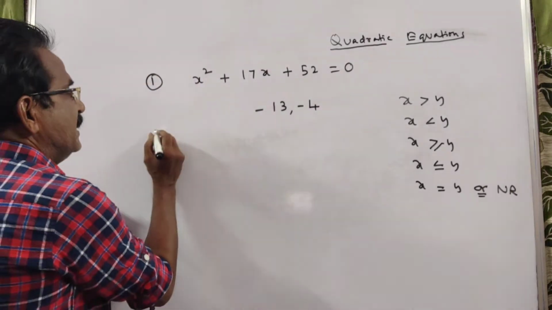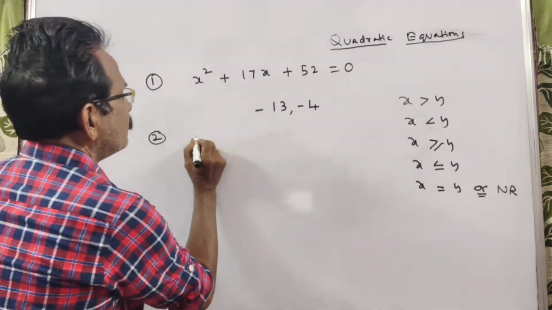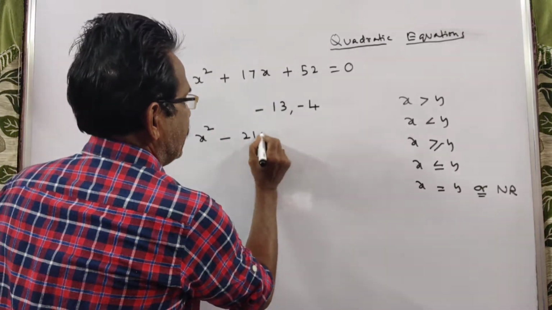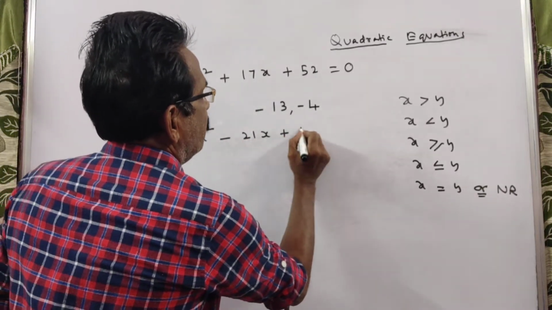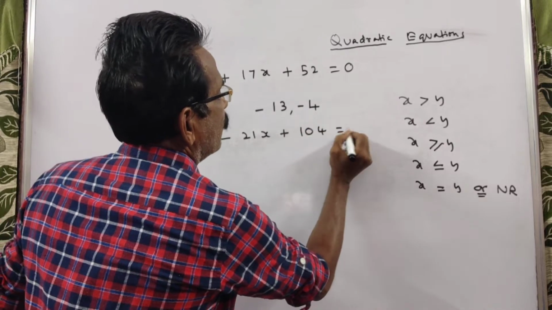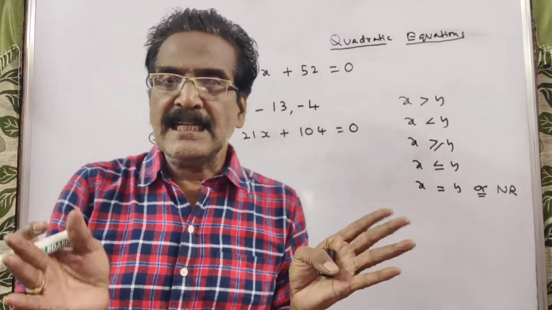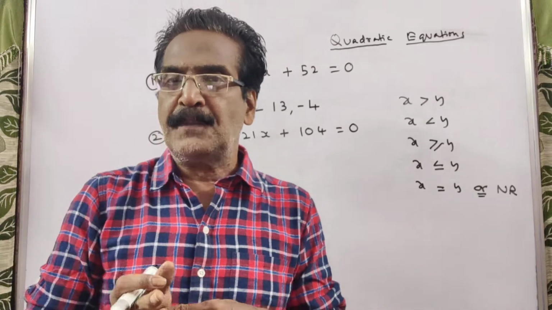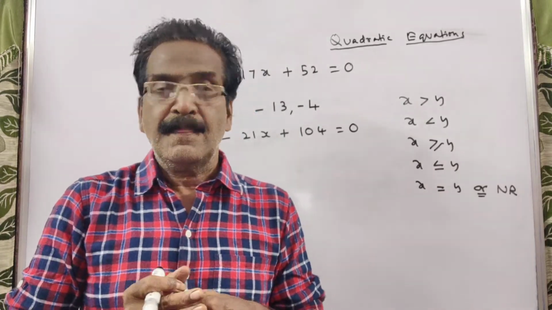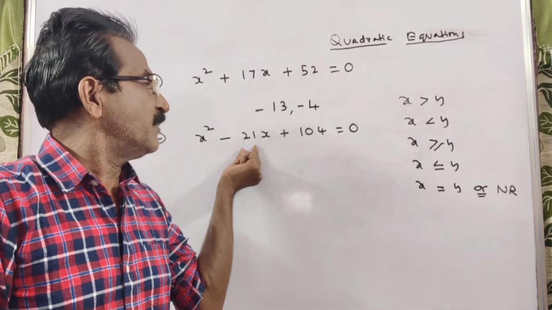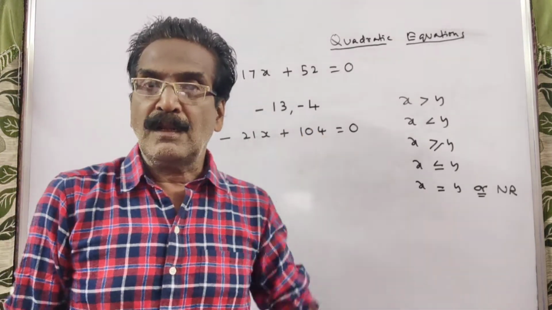Let us see the second example. X square minus 21x plus 104 is equal to 0. So first let us find the numerical values of the roots. Here sum 21, product 104.